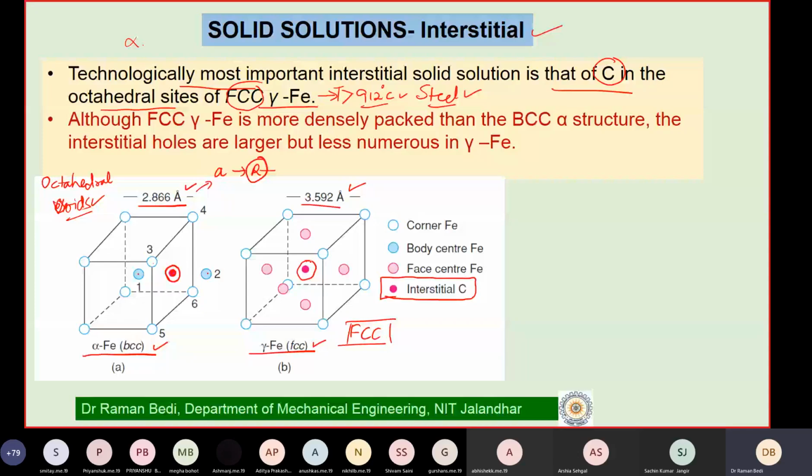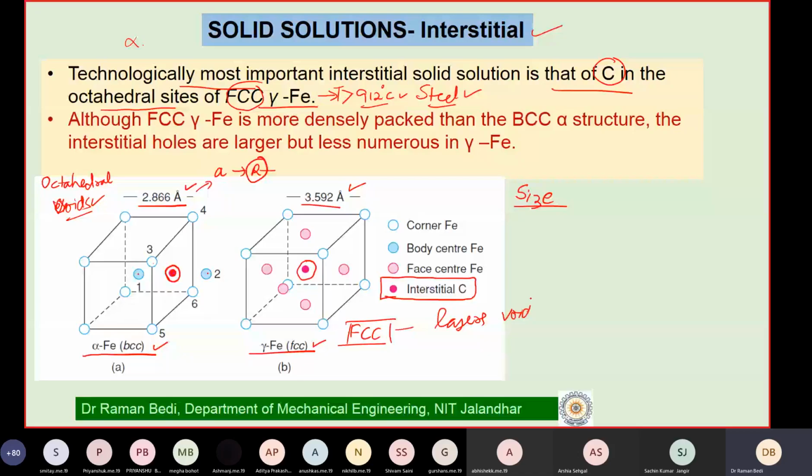We already have said that as far as size is concerned, this void in the case of FCC has a larger void size, and we have derived that also.